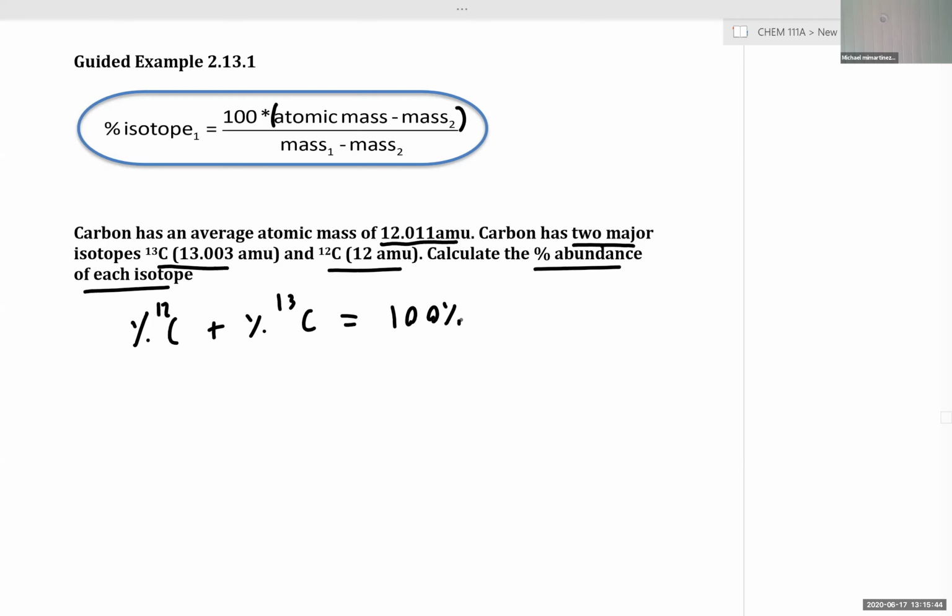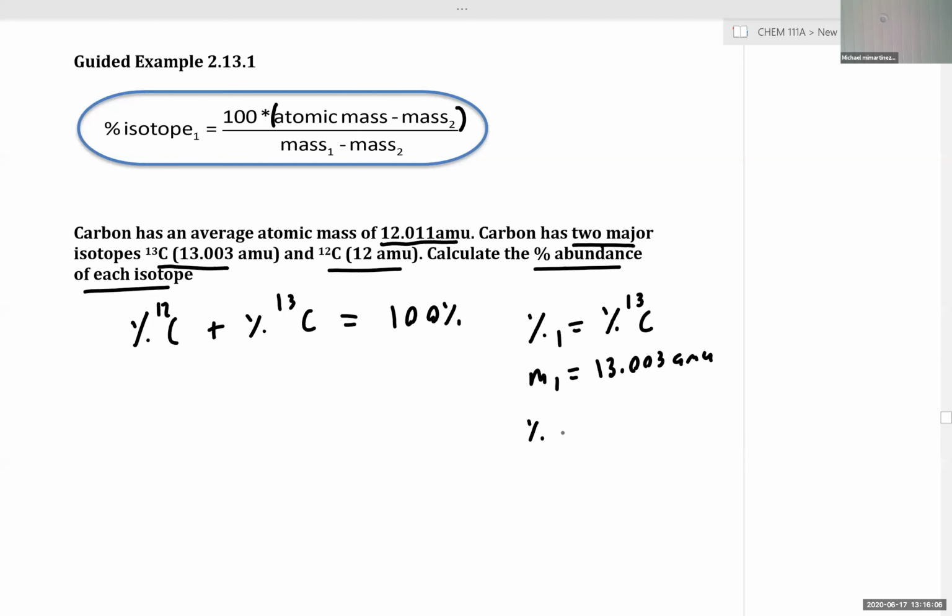We're going to arbitrarily designate the percent 1 as the percentage of carbon 13. The mass 1 as a result is the mass of carbon 13, which is 13.003 AMU.